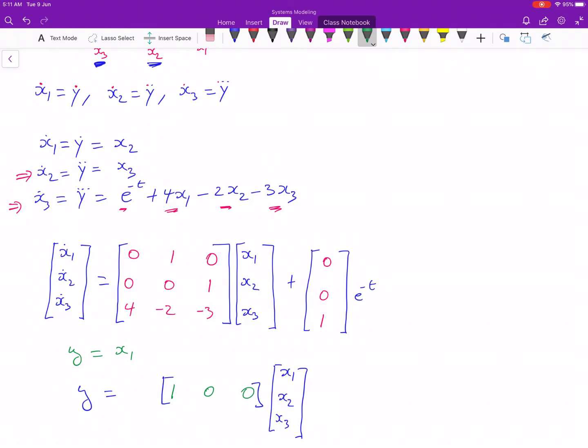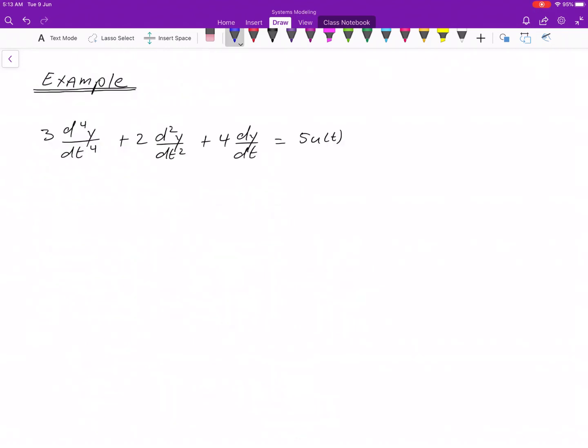I will do one more example, and I hope this is clear before we start looking at equations for mass spring dampers, electrical circuits, translational and rotational systems, etc. Okay, so here's another example, and we want to write this equation in state space form.